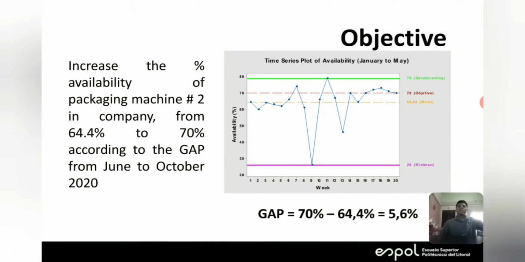Objective: the objective is to increase the availability percentage of the number 2 packaging machine in the cereal producing company from 64.4% to 70% from June to October 2020.